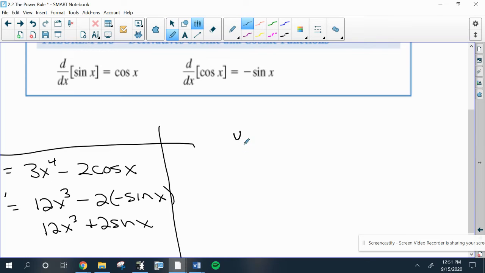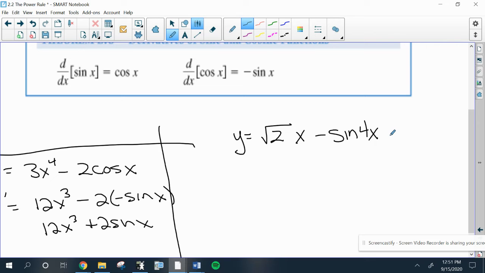Say we had y equals the square root of 2x minus sine 4x. This you cannot do yet.